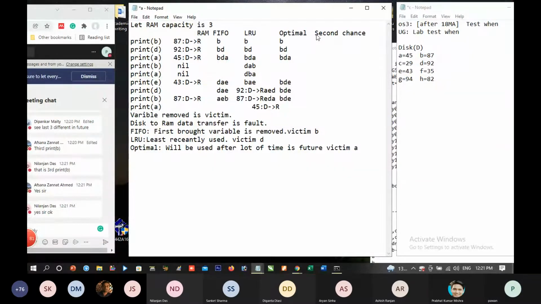Now, we shall see another method, which is the method of second chance, which is also called the clock algorithm. Now, B is there. What is the problem? C, D, A is there. Any problem?